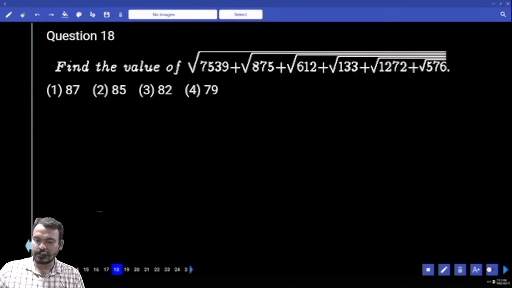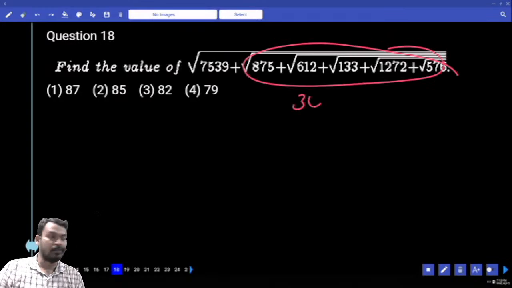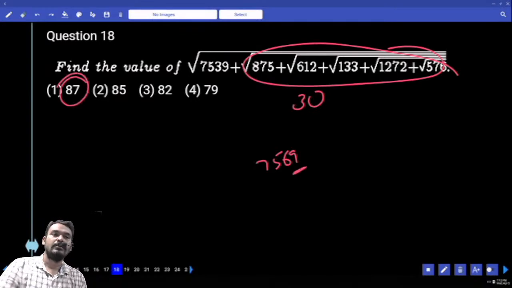Which one's square? 13. 612 plus 13, 625. Which one's square? 25. 875 plus 25, 900. Which one's square? This total value 30, or not? 7539 plus 30, 7569, or not? More than 85 square but less than 90 square. Ends with 987.